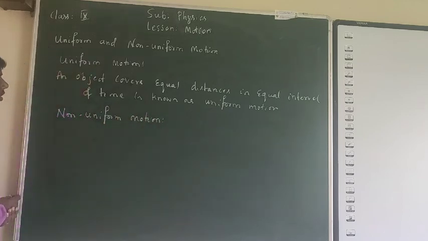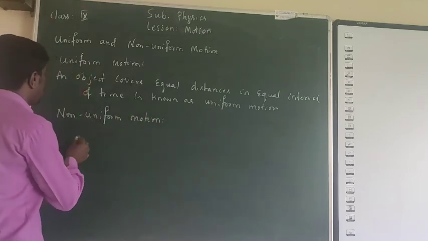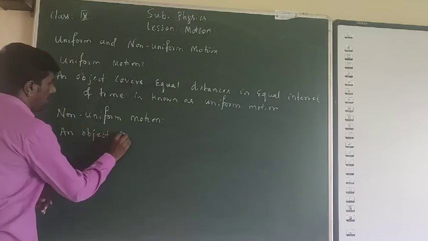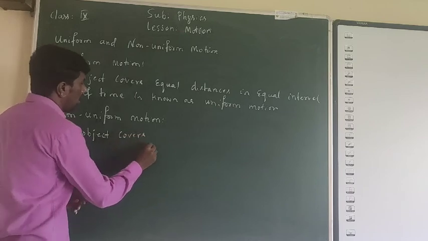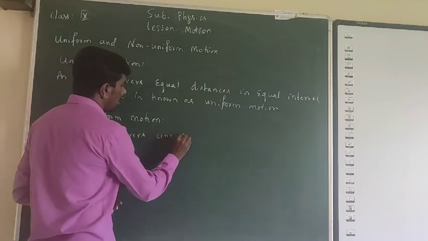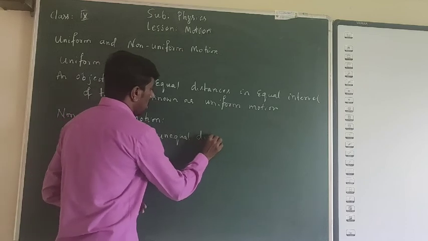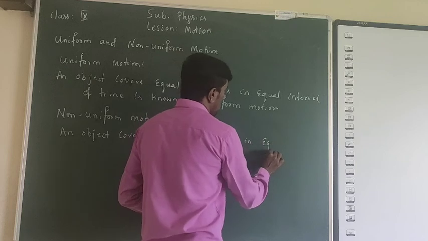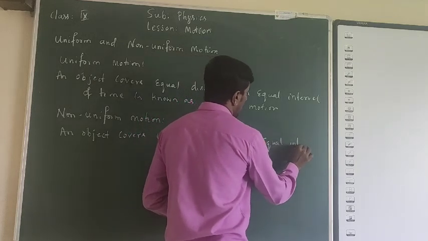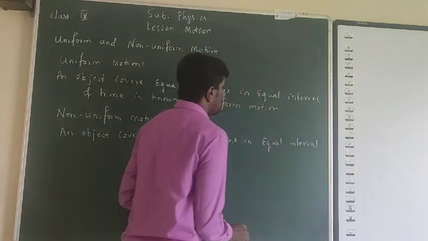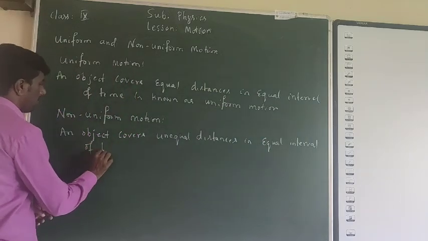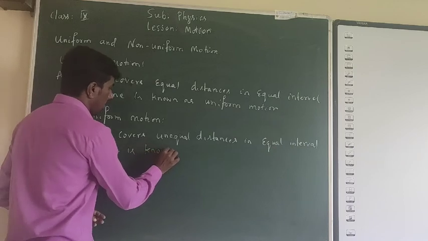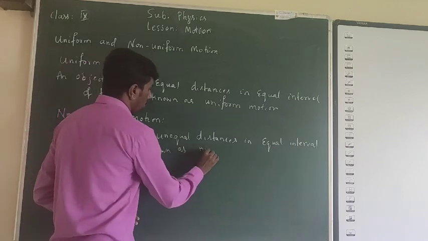Non-uniform motion is exactly the reverse process. An object that covers unequal distances in equal intervals of time is known as non-uniform motion.